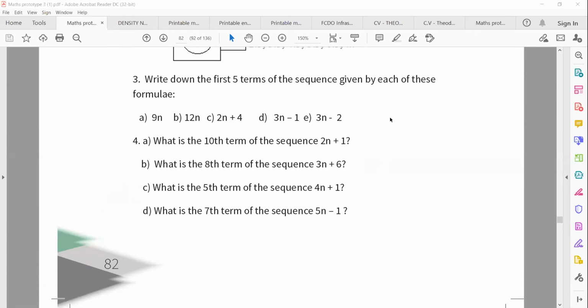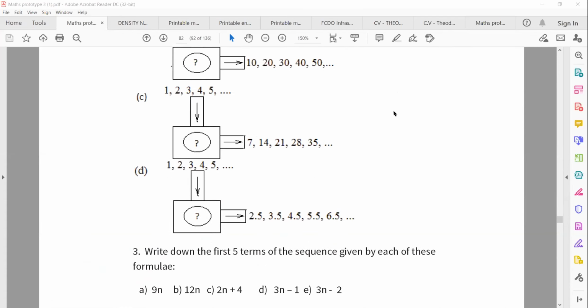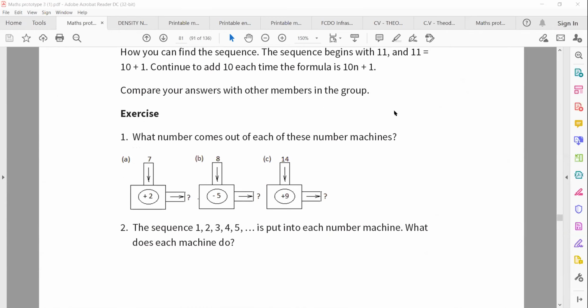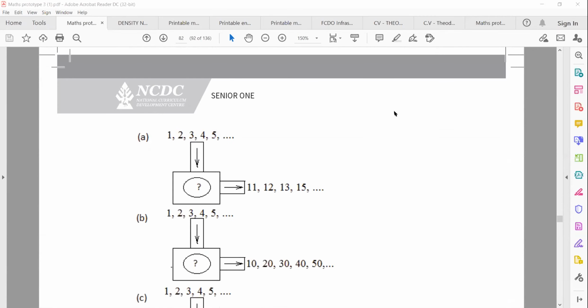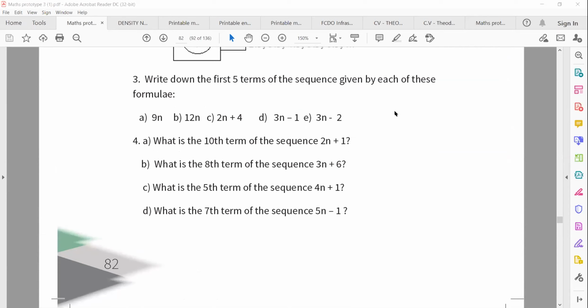I'm thinking that since you have able girls, we might give them an opportunity to go through this work on their own. Since these are exercises that they're supposed to practice, we are going to put them in breakout rooms.